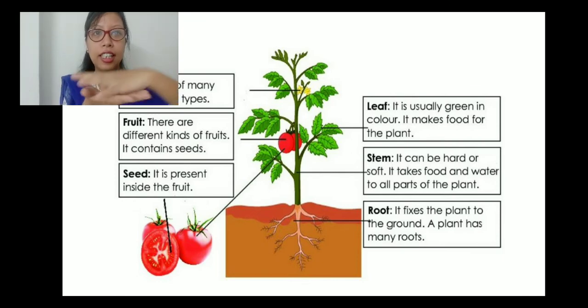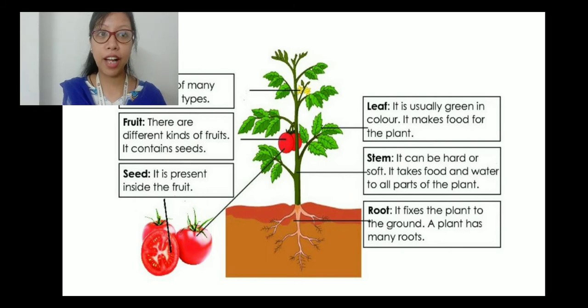It makes the plant stick to the ground and holds it so that it doesn't fall down when there is a thunderstorm or flood, so that the plant can stay stable, fixed at one place. Got it? Therefore, the root is very important because it fixes the plant to the ground, and a plant has many roots. There is not one single root in one plant, but lots and lots of roots.